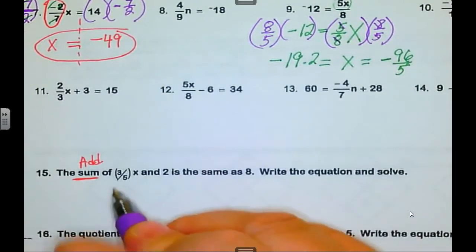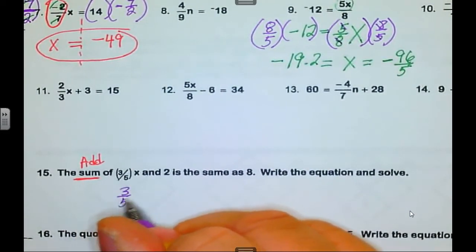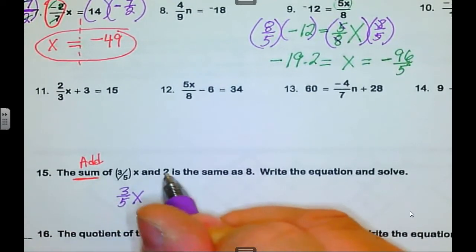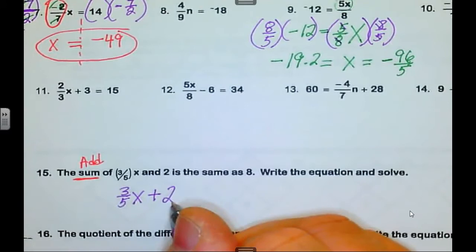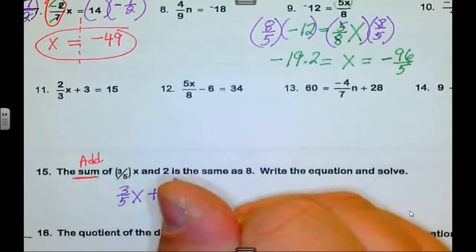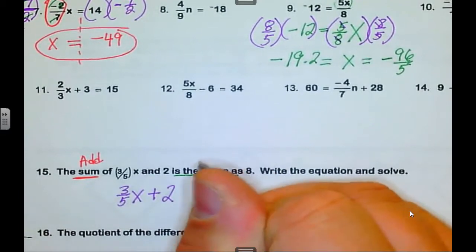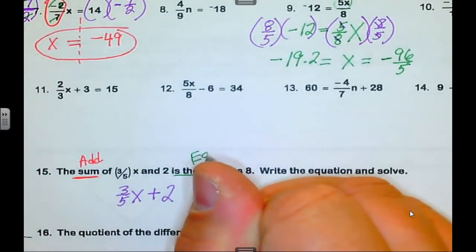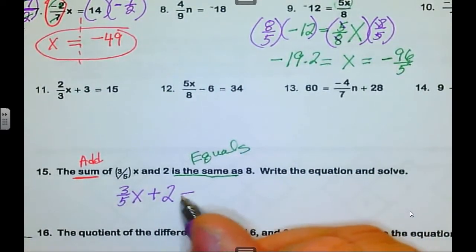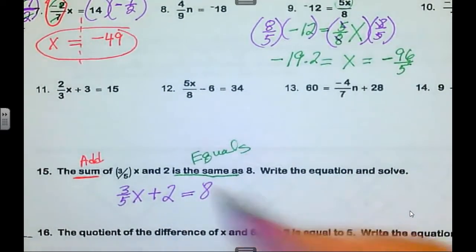So here's 3/5 x, and I'm going to add them. And 2 is the same as. What is it? Equals 8. And it says to solve it.